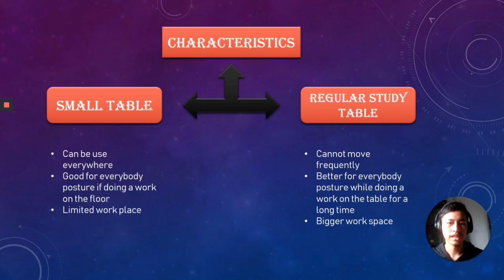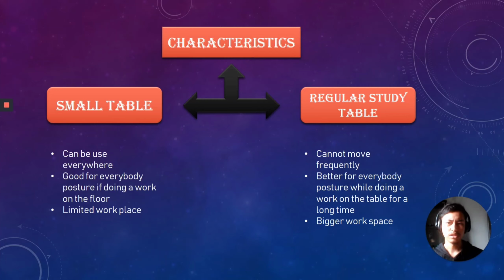So the second point is the regular study table. The first point is it cannot be moved frequently. The regular study table is kind of big and not very movable. The size is maybe 24 times 12 inch.